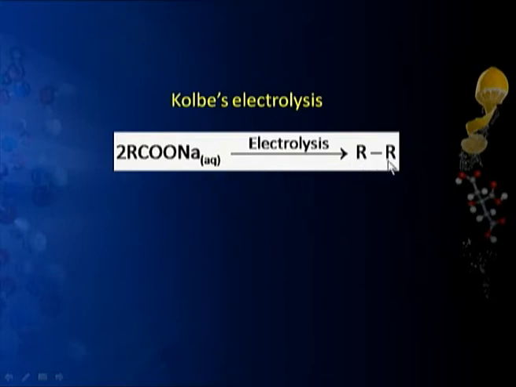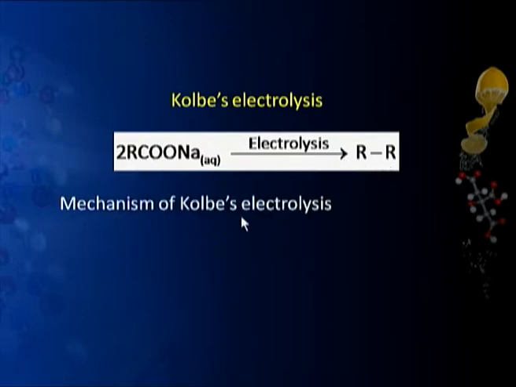But the alkanes which are formed have double the number of carbon atoms present in the starting carboxylic acid minus 2, because 2 carbons are lost as 2 molecules of carbon dioxide from here. So, the alkyl group that is left after the loss of carbon dioxide joins with the alkyl group from another acid and we get the corresponding alkane. For example, if a methyl group is here, if we have sodium methanoate, the product formed will be ethane.